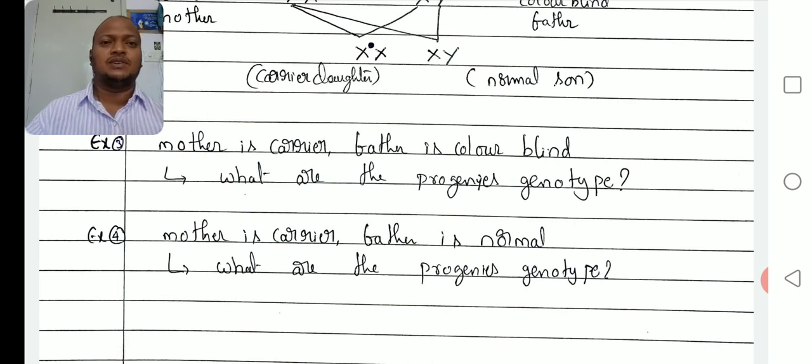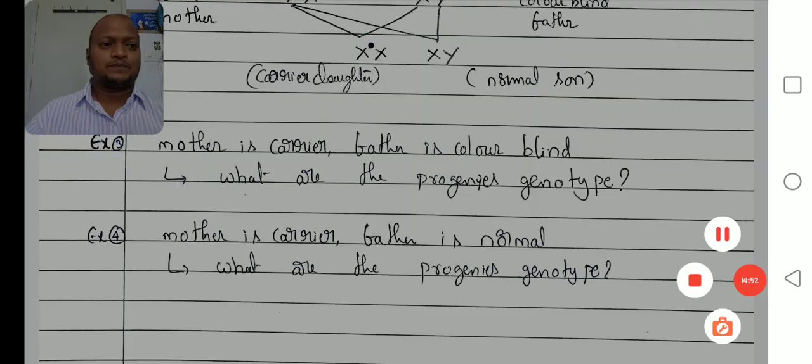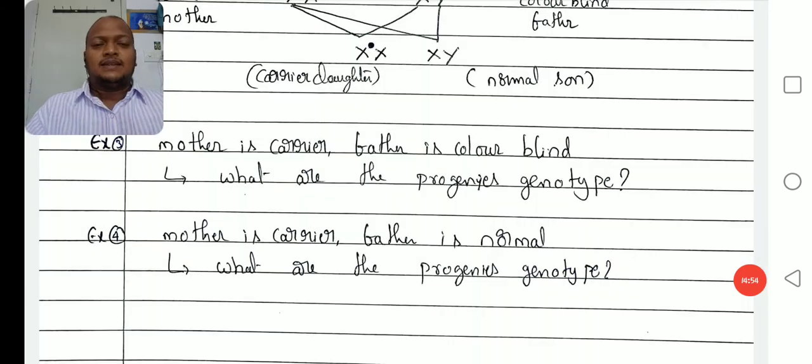What are the progenies' genotypes? You can find out at home. Do examples three and four based on examples 1 and 2. So there are four scenarios based on mother and father. Based on the mother's and father's genotypes, we can determine the phenotypes of the progenies, the children.